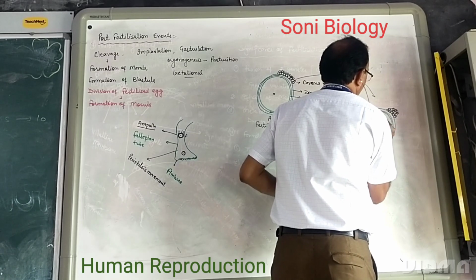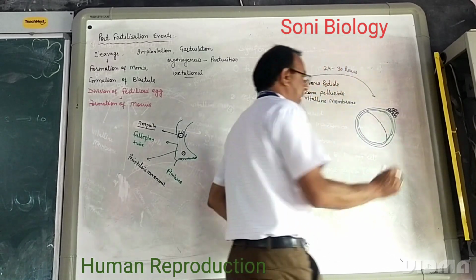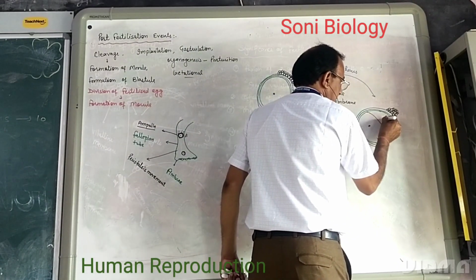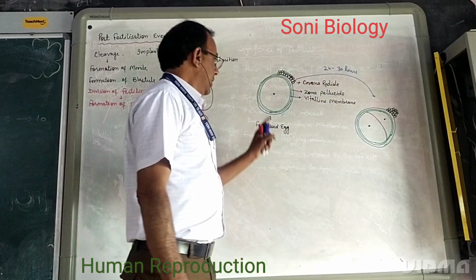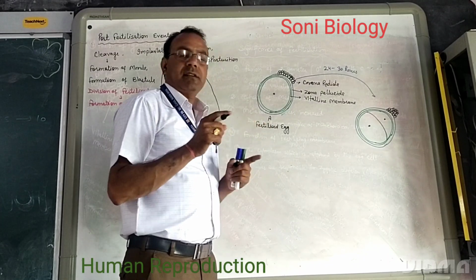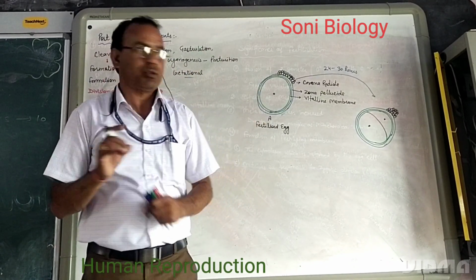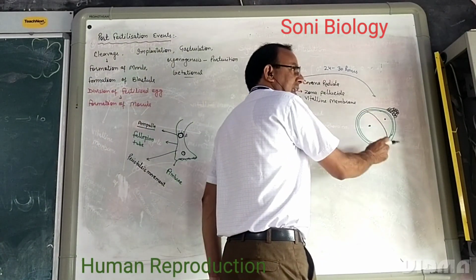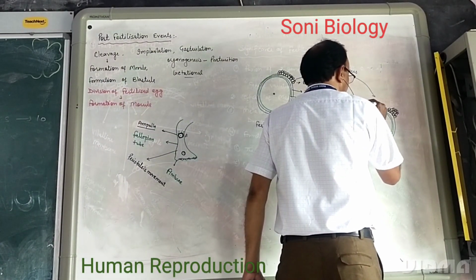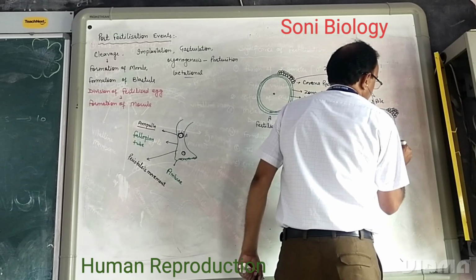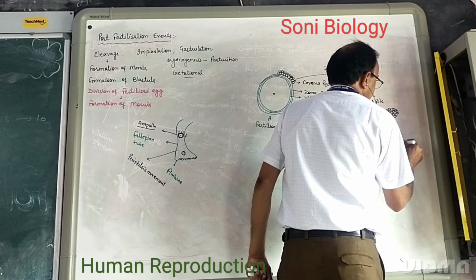So with this one line, one cell is larger and the other is smaller. This is the larger cell and this one is the smaller cell. We have already discussed that sperms always enter the egg through the animal pole, so division of cell takes place from animal pole to vegetal pole.